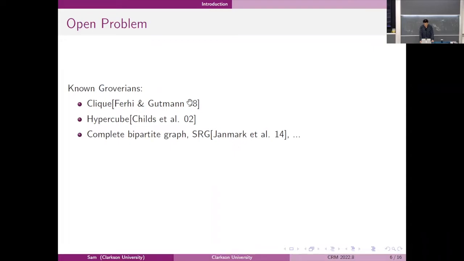I typically choose these graphs because they are all vertex transitive, so you don't need to know where the target is. There are also other graphs, like the barbell, which we call the bridge complete graph. These are not vertex transitive, but if we know the target, then we can find it in the optimal time.